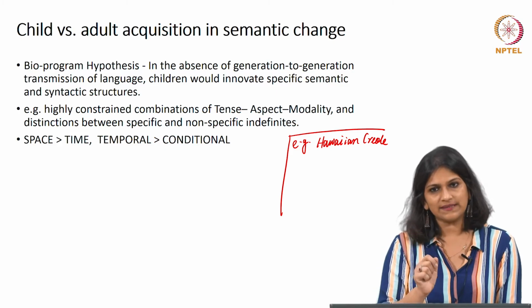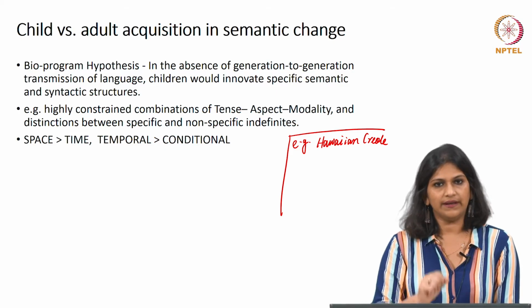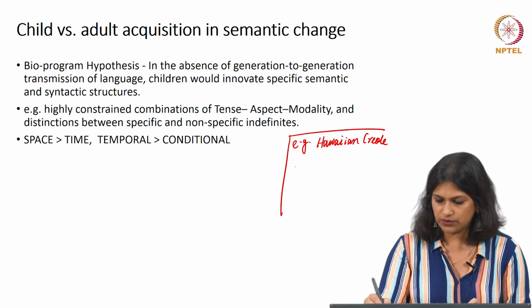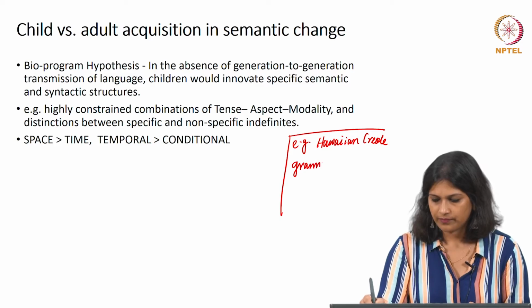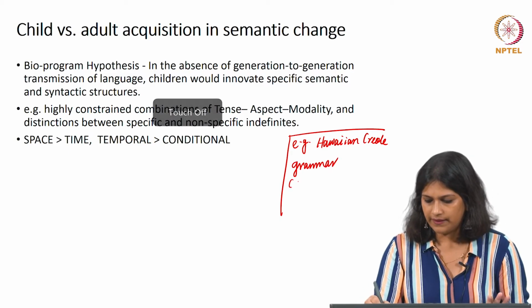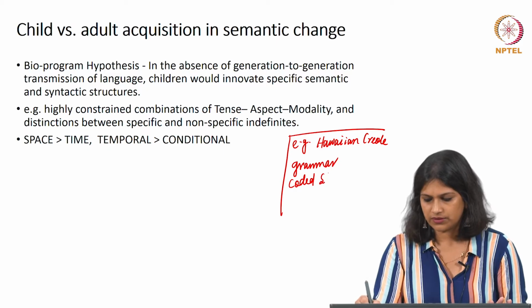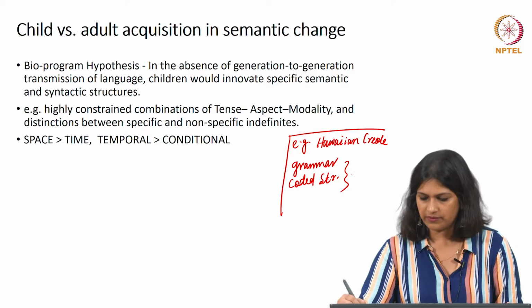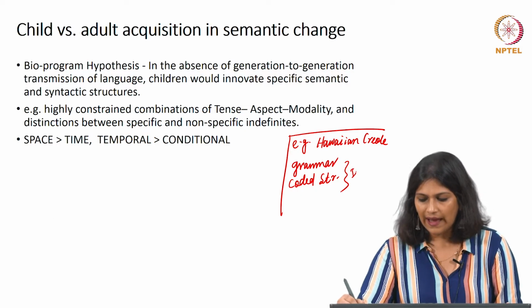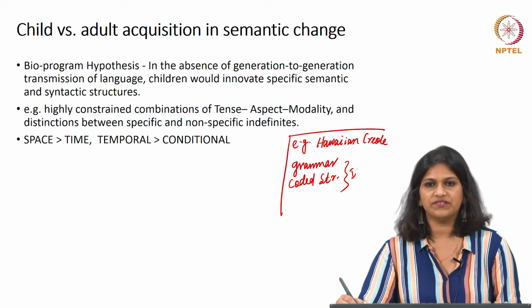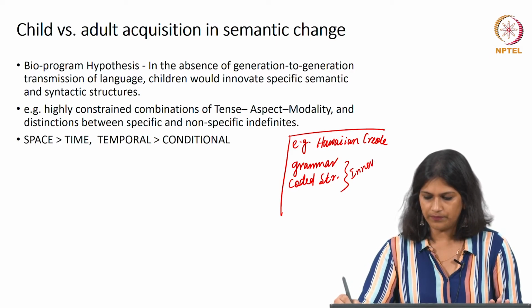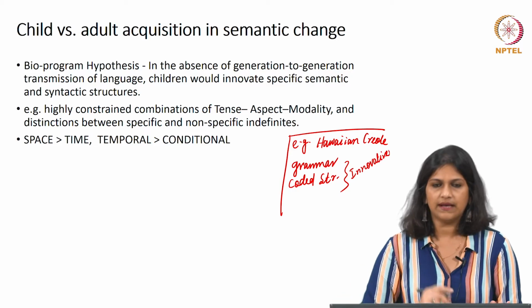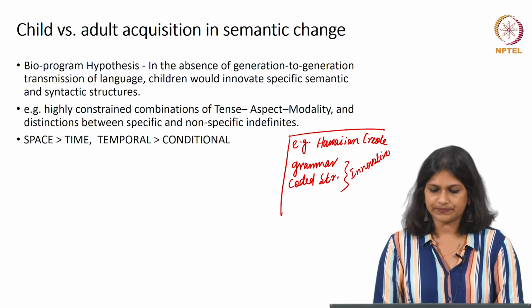So, that brings the change in the grammar, and the change in the structure. And what kind of structure? The coded structure. So, two things are important here: one is grammar, and the other is the coded structure. The children become innovative because of the lack of transmission of language from one generation to the other, as far as child language acquisition is concerned.